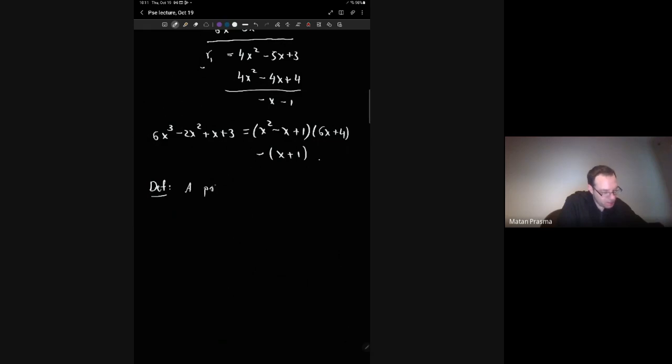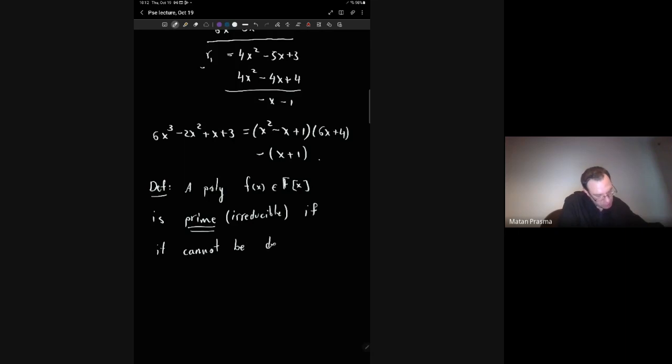A polynomial f is prime, and sometimes prime is replaced by irreducible, if it cannot be decomposed as f equals a times b with degree a and degree b strictly bigger than 0, so bigger or equal to 1.